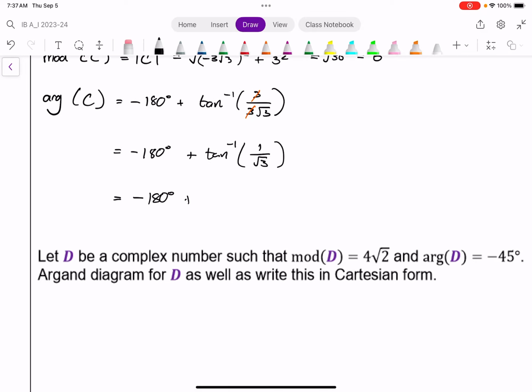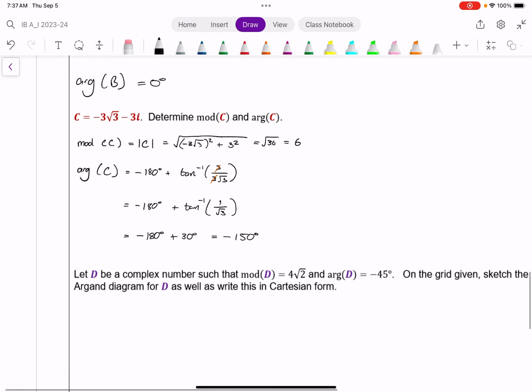I have 180 degrees plus 30 degrees. However we look at it, we should get an argument of negative 150 degrees if we're thinking in degrees. And especially for HL students, it is important that we recognize ratios like that as being one of our special angles. Although again, we are allowed to use the GDC.